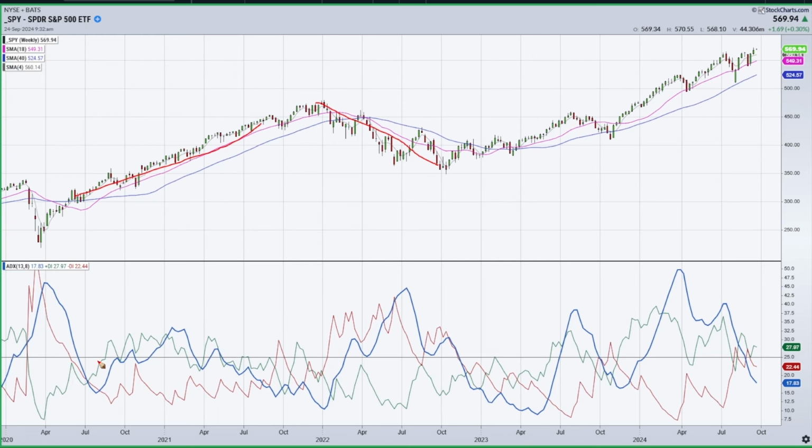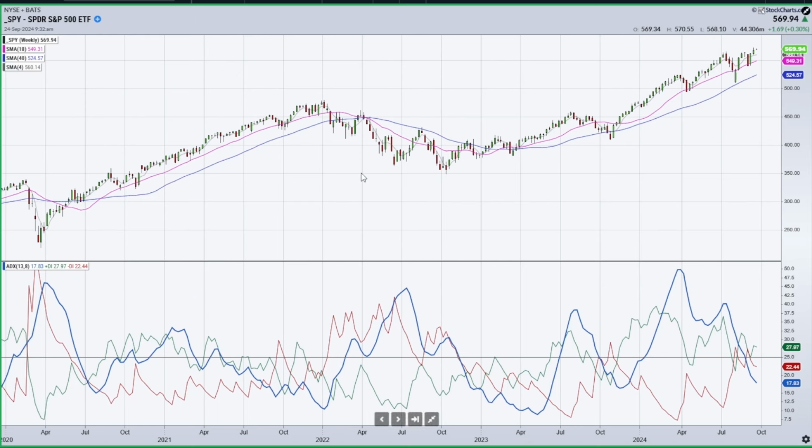And strength is defined by the separation between the green line and the red line, the plus DI and the red DI. So if you have a lot of positive DI action and not a lot of negative DI action, then the blue line is going to go up based on the buying. And the same thing holds true to the downside.